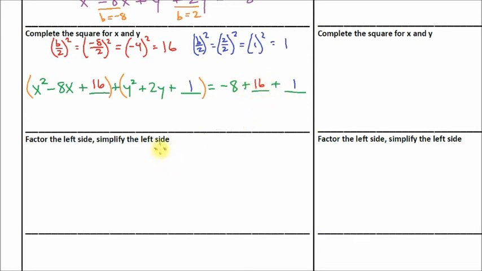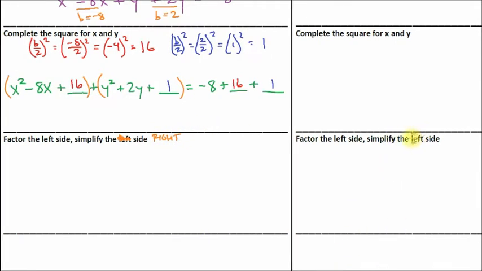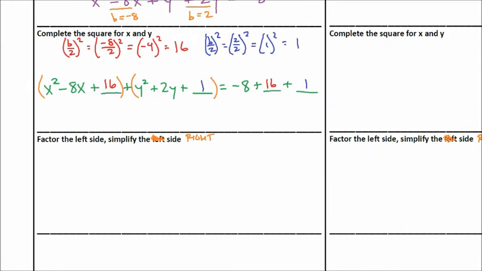This should actually say simplify the right side. There's a typo right there, so let's fix it on this side as well. If I fixed it in your flipbook already, then don't worry about it.